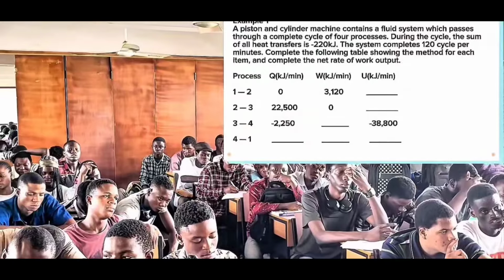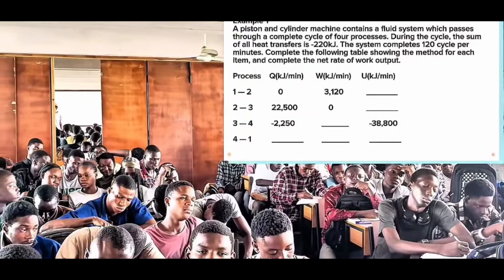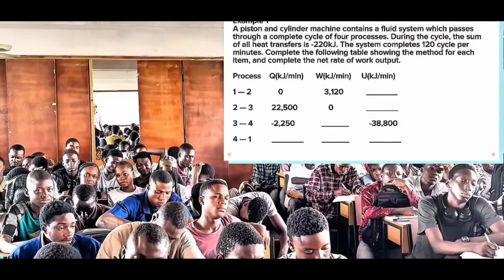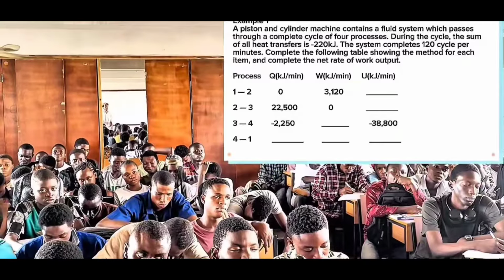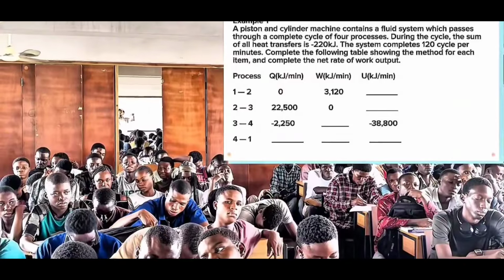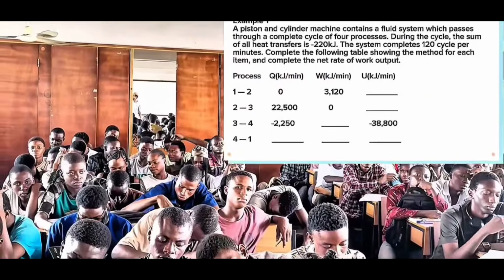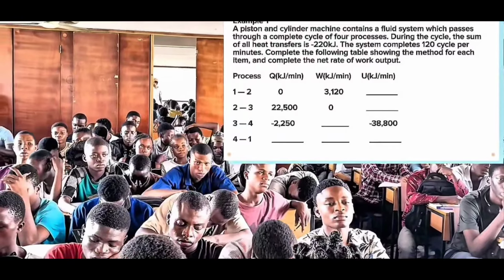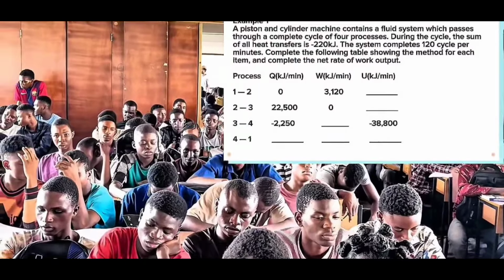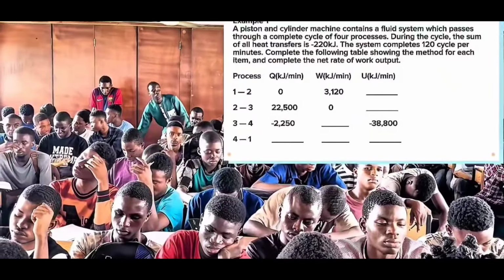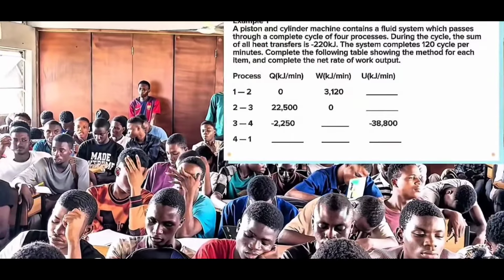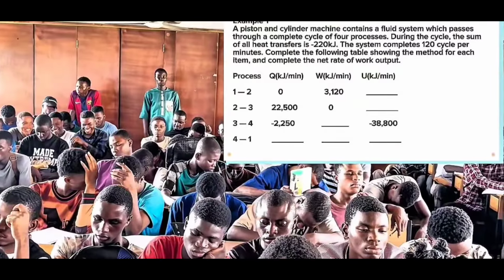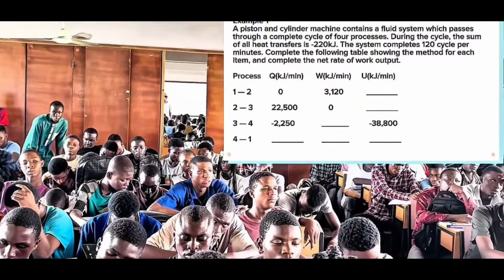The system completes 120 cycles per minute. Determine the following: complete the table showing the method for each item, and compute the net rate of work output.